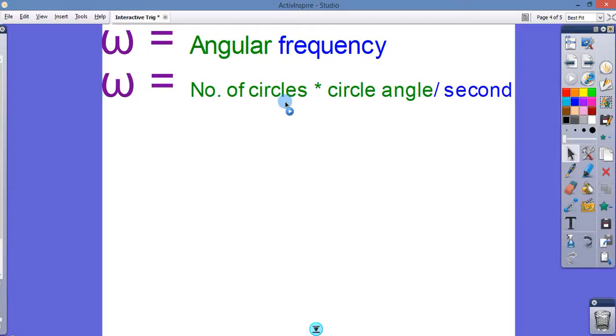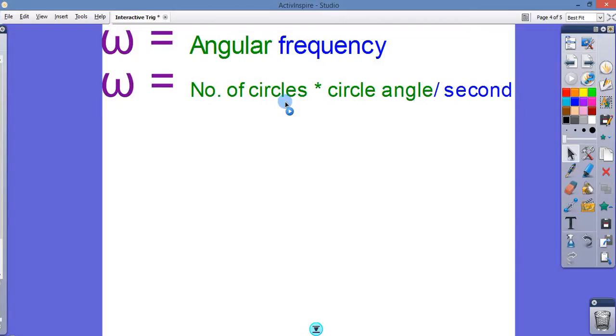Omega is the number of circles times the angle in a circle per second. If you imagine a little ball on the end of a string and you're spinning the ball in a circle, however many times it completes one circle per second is the angular frequency.